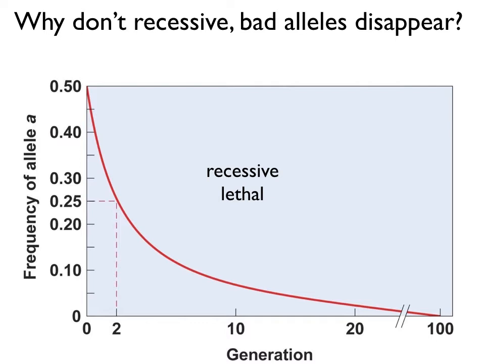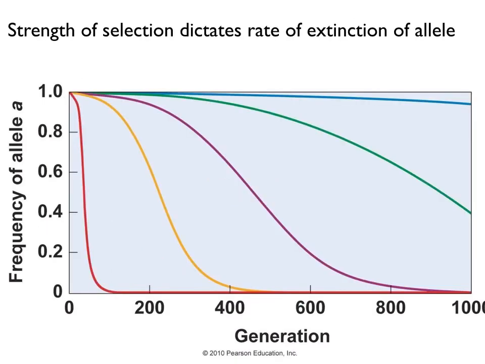So deleterious mutations pop up all the time, and when they're bad, it takes a while to get rid of them, especially when they're rare, okay? Now, the strength of selection on an allele or against an allele has everything to do with how fast it disappears from the population.